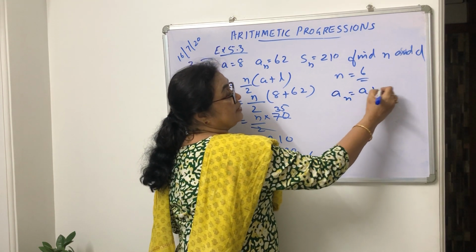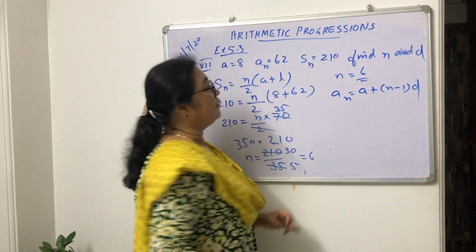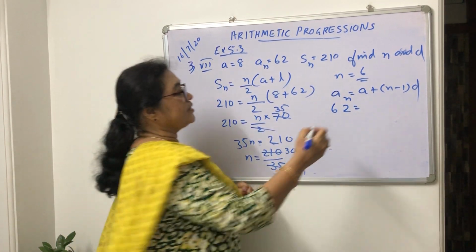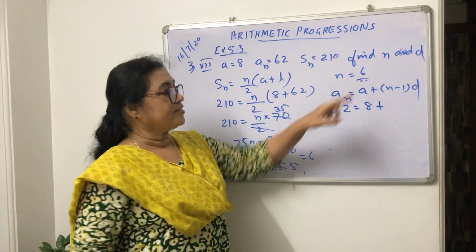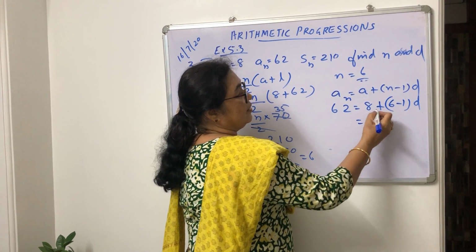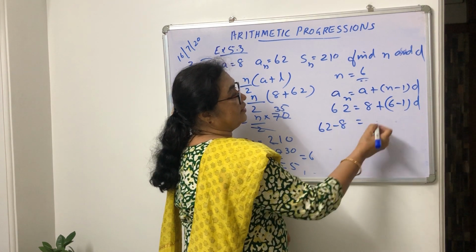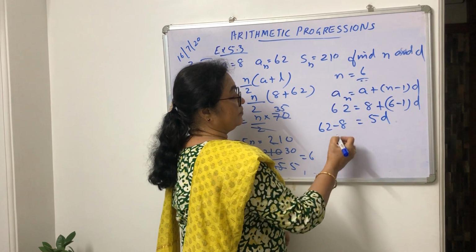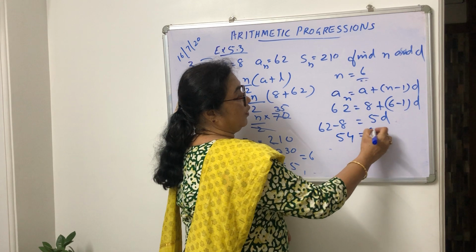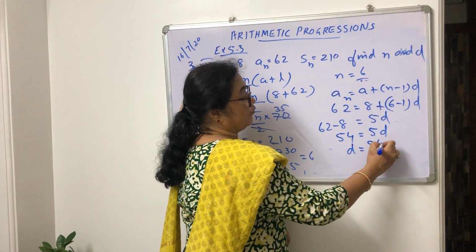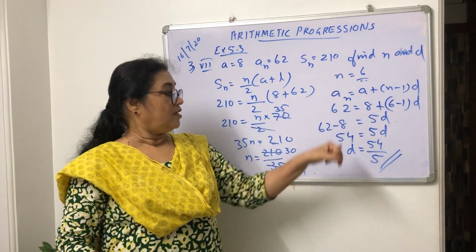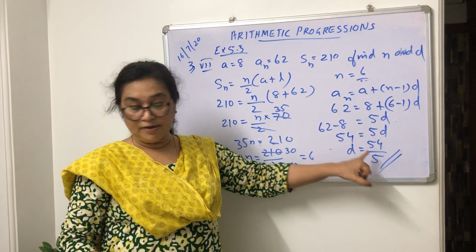AN is A plus N minus 1 into D. AN is 62, A is 8, N is 6, 6 minus 1 into D. So it is 62 minus 8, this is 5D, 54, 5D, D is equal to 54 by 5. So you got N is equal to 6 and D is equal to 54 by 5.